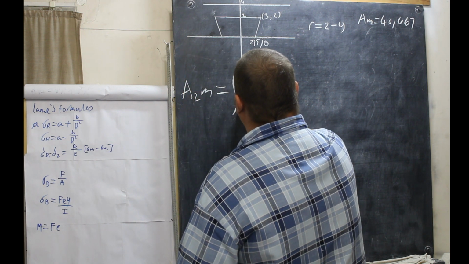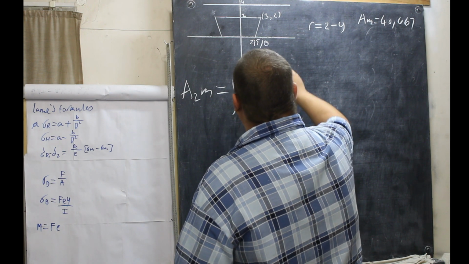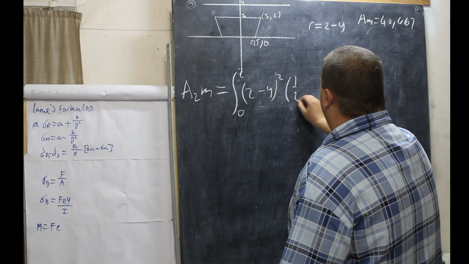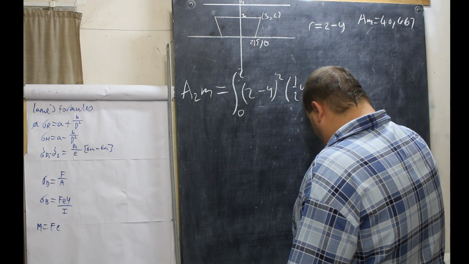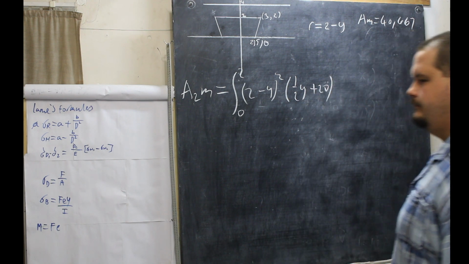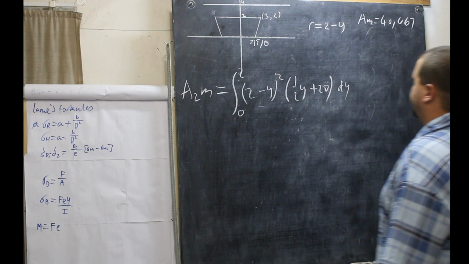The integral of 2 and 0, 2 minus y squared times a half y plus 20, dy.